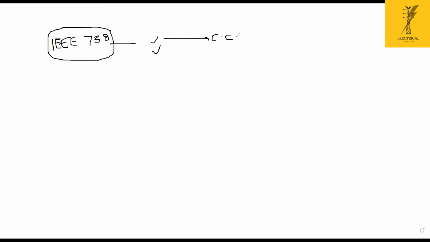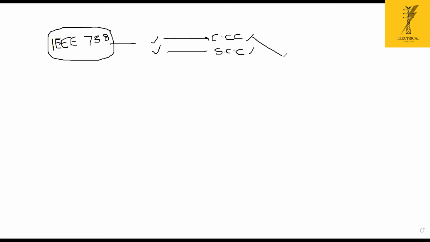So generally the conductor sizing, the selection or the conductor sizing, will be done as per the standard of IEEE 738. So as I said, we have to choose the current carrying capacity of the conductor, and the second one is the short circuit withstand capacity of that conductor.